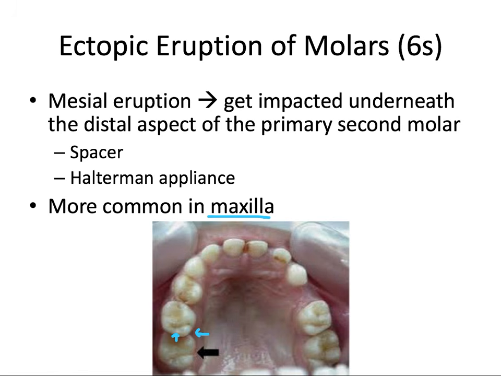Two-thirds of these will spontaneously self-correct if the ectopic eruption is minor. However, if it's more major and it's starting to resorb the pulp chamber of this E, then we should consider a unilateral or bilateral appliance, like a Halterman appliance, to distalize this 6 and correct its path.